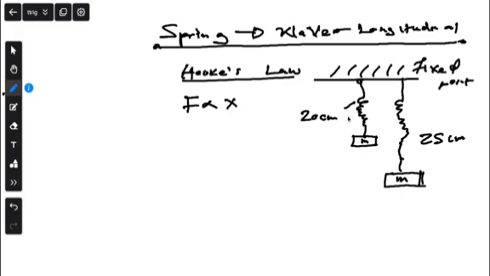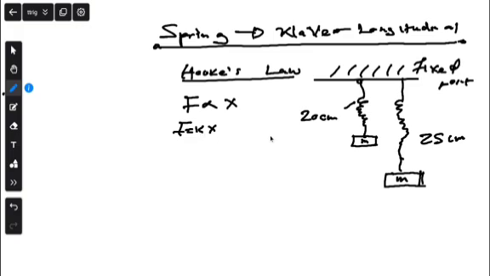So now, from this proportionality sign, we are going to have two things, which is the equal sign and also the constant K, which is the constant of the spring. So the constant of the spring depends on how stiff the spring is. The stiffer the spring, the higher the constant K. So I'm talking about this one.